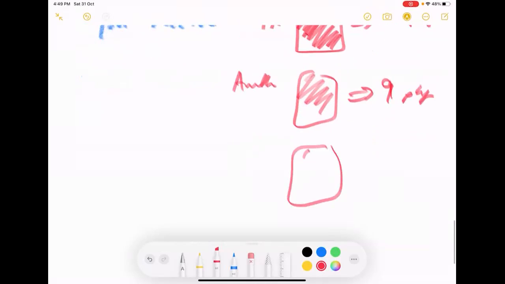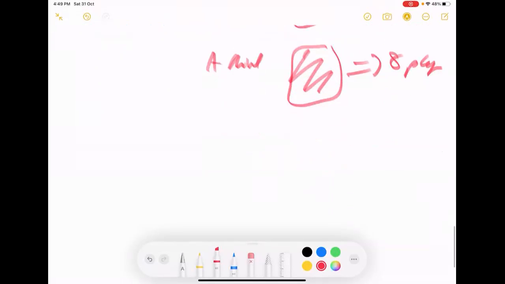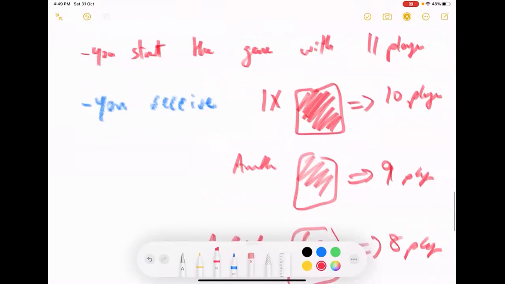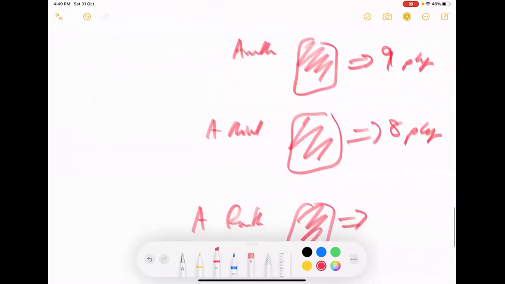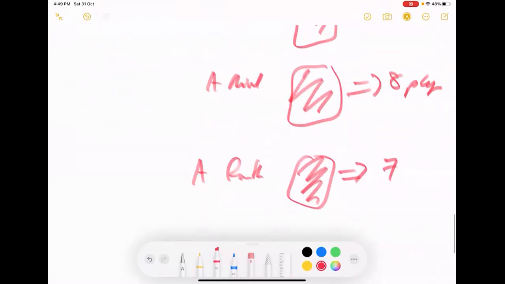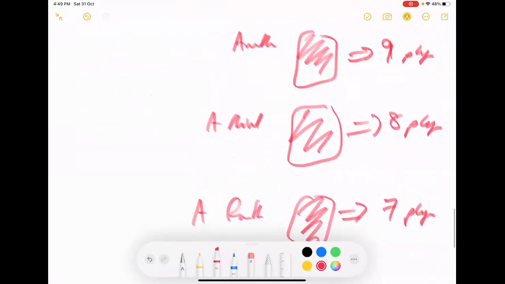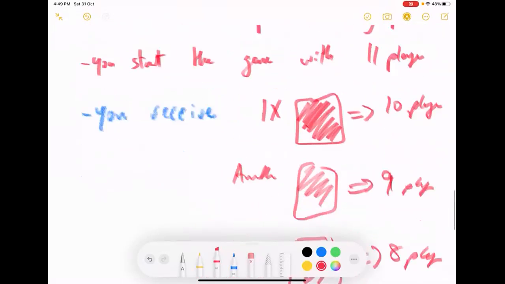And the third one, 8 players. A fourth, 7 players.